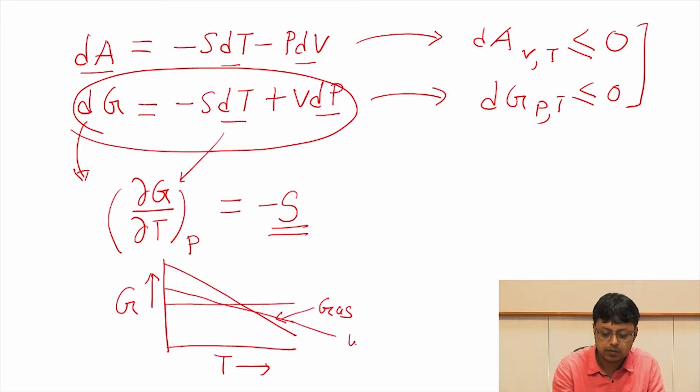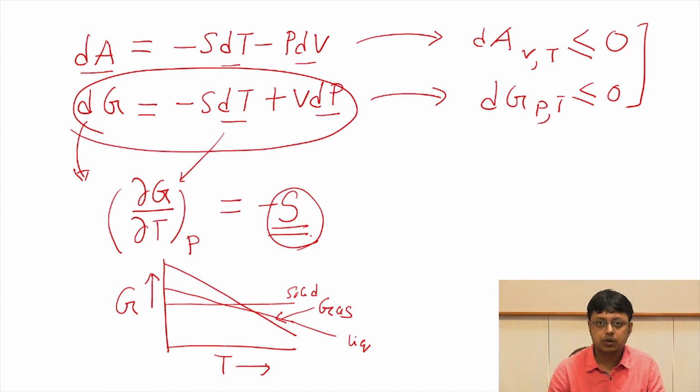So this is the curve for liquid and this is the curve for solid. Now you see that this decay is linear in the sense that as long as the slope is constant, which is the entropy of the solid or the liquid or the gas, then the slope will of course be linear.